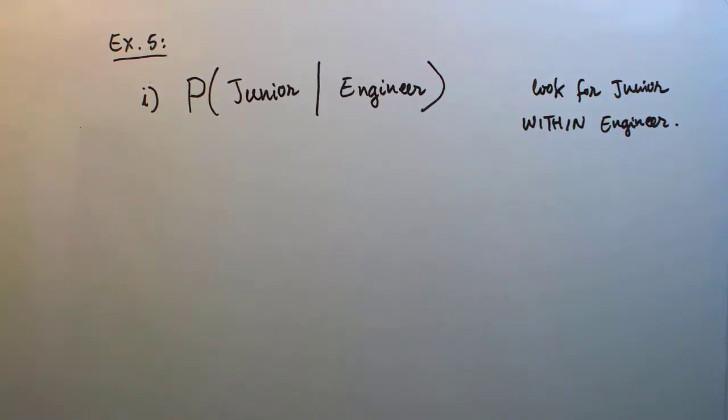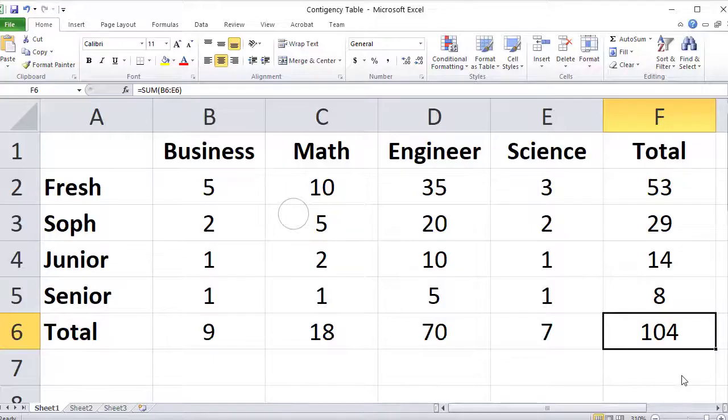So let's look over to our contingency table. As I explained in the lecture, we need to narrow all of our attention to within the engineer first. And so here's the engineer column, which came down to a column total of 70.